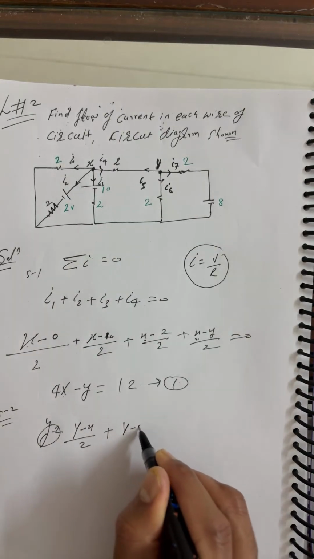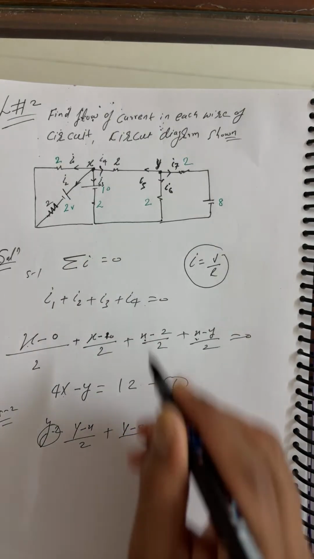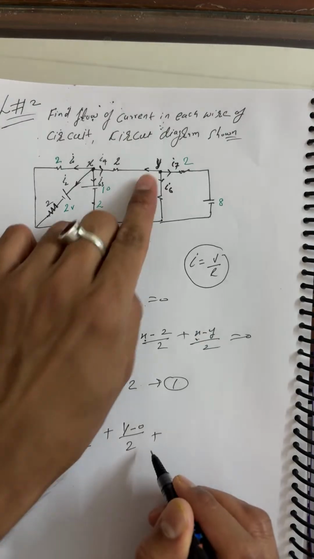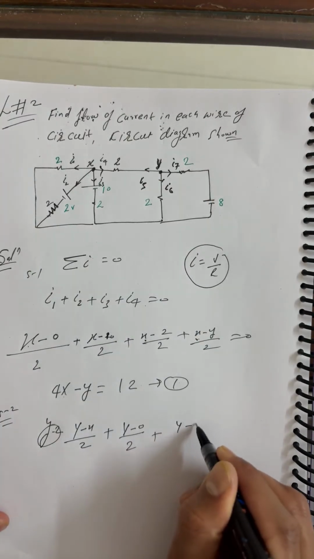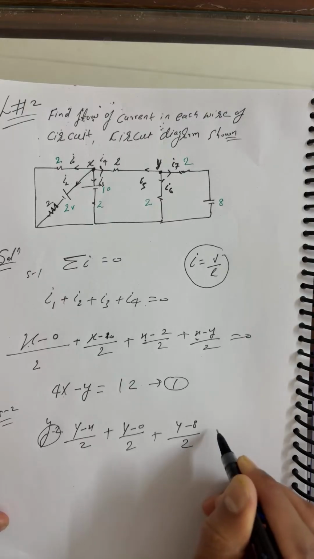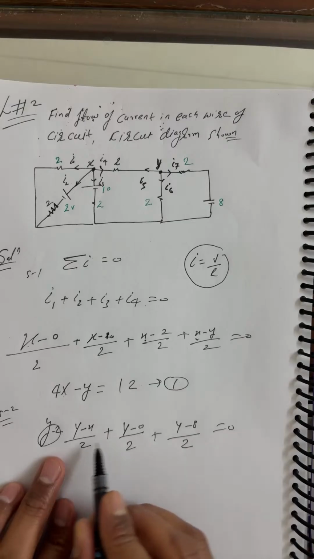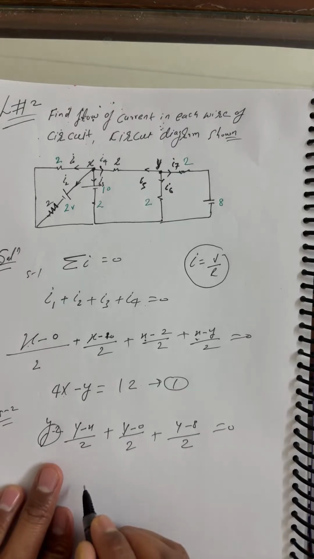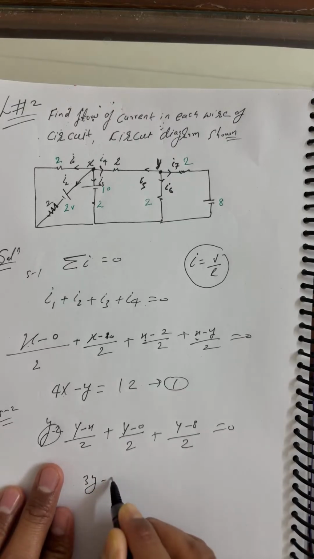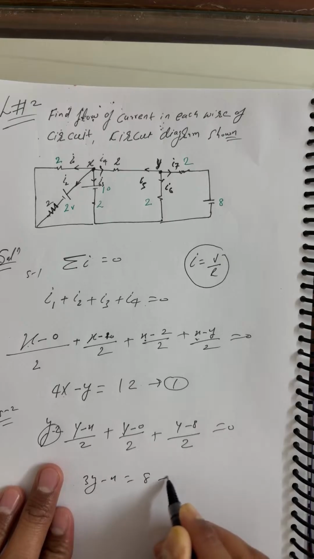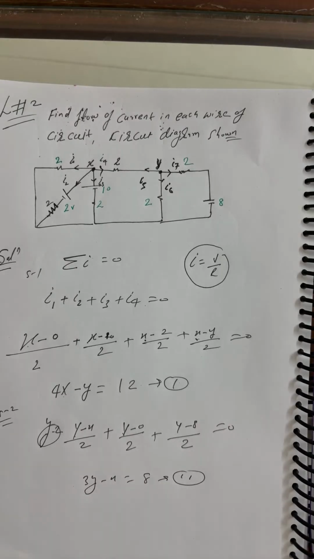We can say (y - 0)/2, plus (y - x)/2 plus (y - 8)/2 is equal to 0, bacha. 2, 2, beta, answer, cancel, bacha. What you can see is 3y minus x is equal to 8. Call it equation number 2.